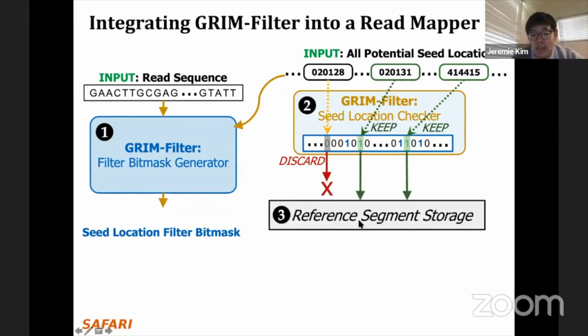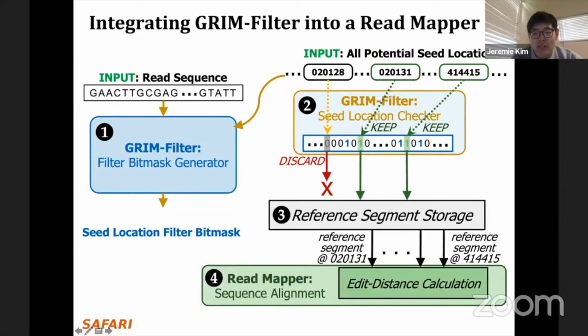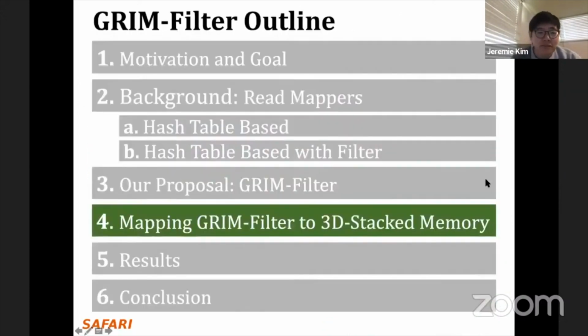We then send these locations to the reference segment storage, which extracts the segments from the reference. And then we finally calculate the edit distance using the read mapper. Here we see that we're discarding 1 out of 3 of the visible locations, and therefore we're saving time on the actual edit distance calculation. And then we output the correct mappings.